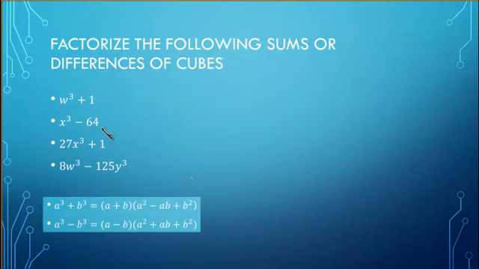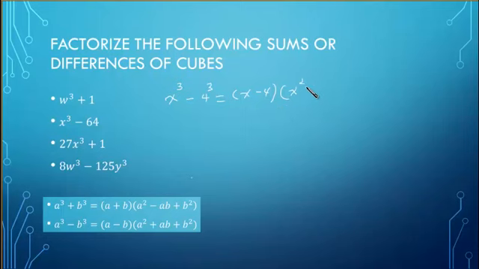Again, here in this case we have a difference of two cubes. So this is x cubed minus 4 cubed. And so then we just apply this identity here. So that becomes x minus 4. And then notice it's the first term squared, so that's x squared.